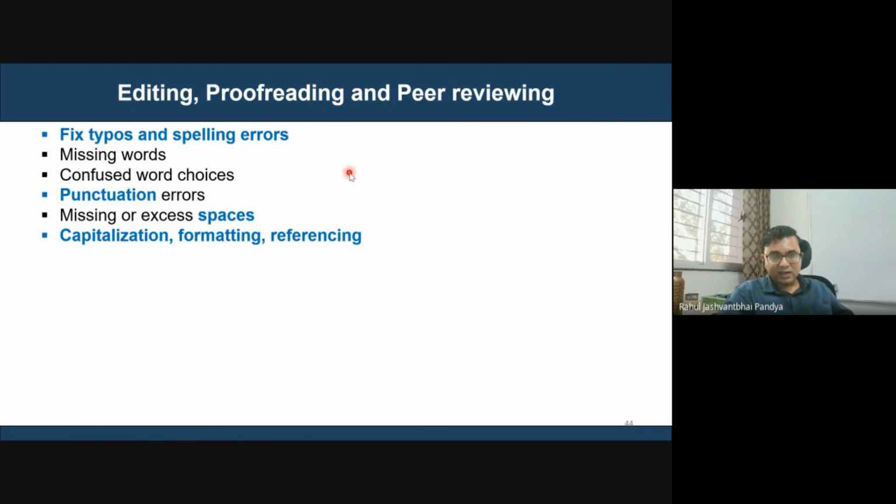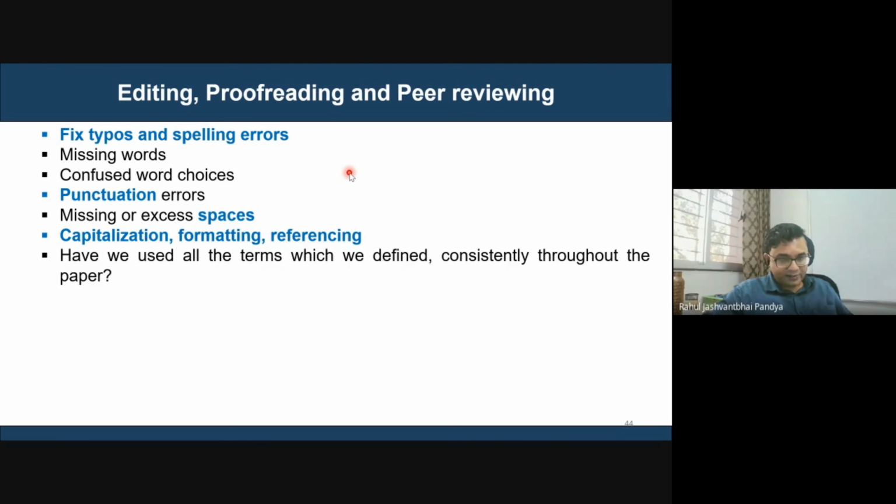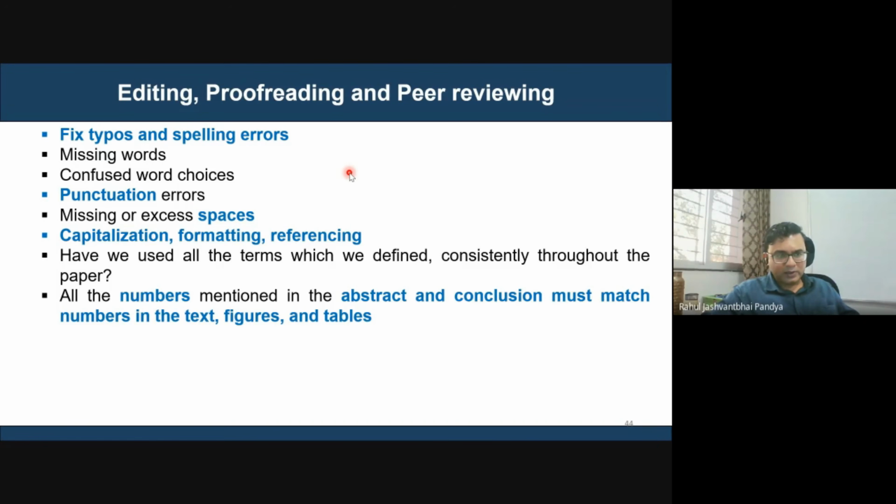See, sometimes we do the capitalization in an inappropriate way. Some of the words are capitalized, some of them are not. It should be consistent everywhere. It should be formatted nicely. All referencing should be formatted nicely. You can ask the question, have you used all terms which we define consistently throughout the paper, right? So if you define one term, it should be used consistently throughout the paper.